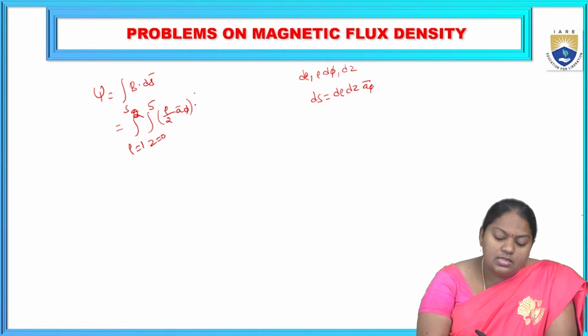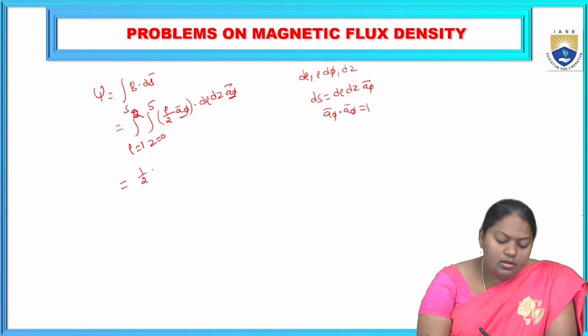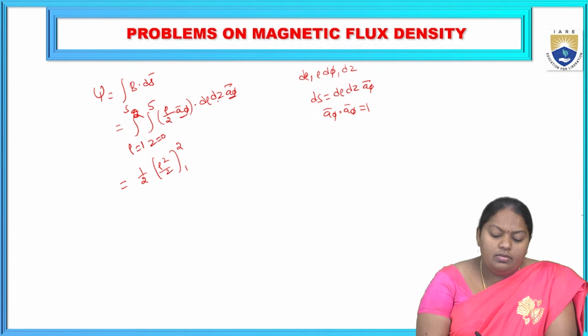So in place of this dS, if you substitute d rho dz into a phi, then a phi dot a phi means the dot product of two same unit vectors. The result is 1. Then 1 by 2 is a constant. If you integrate with respect to rho, then it becomes rho square by 2. If you substitute limits 1 to 2, and the other integration will be z, substituting limits 0 to 5, right?